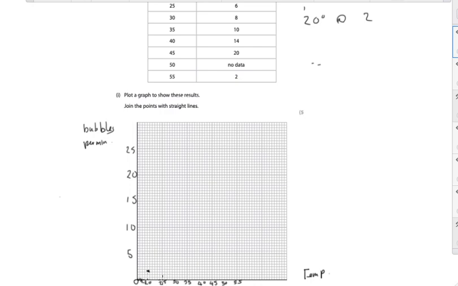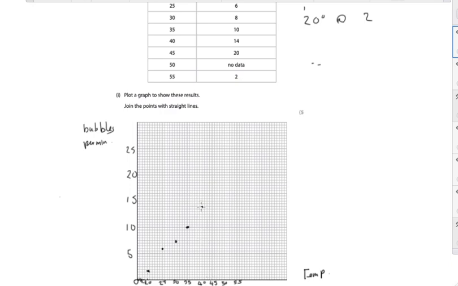25 is 6, so there's 6. 30 is going to be 8. 35 is 10, so it's nice and easy. 40 is going to be 14. 45 is going to be 20, so up here.